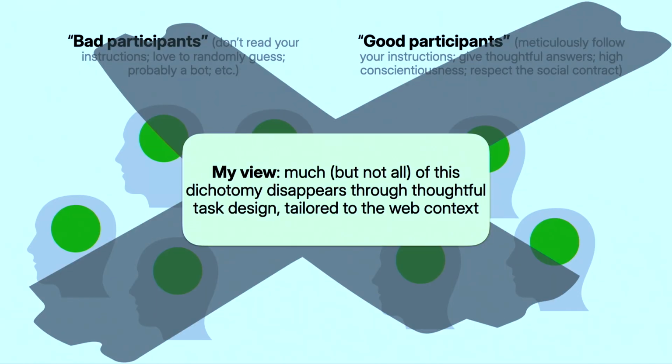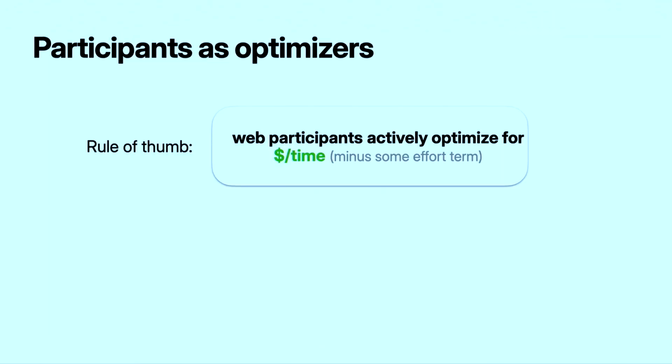But I'm going to argue that this is actually not the best way to think about this issue of data quality. My view is instead that the presence of this dichotomy is really contingent on the design of the task. Put another way, I think well-designed tasks naturally make most of the participants who do the task into, quote, good participants. This belief comes from viewing web participants through a perspective where they're performing some sort of optimization problem.